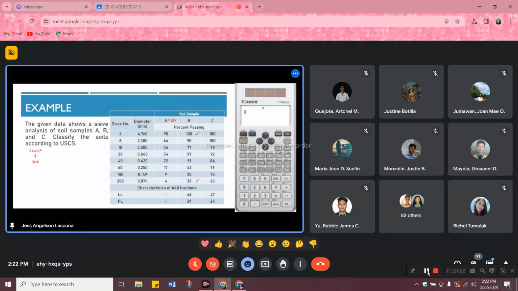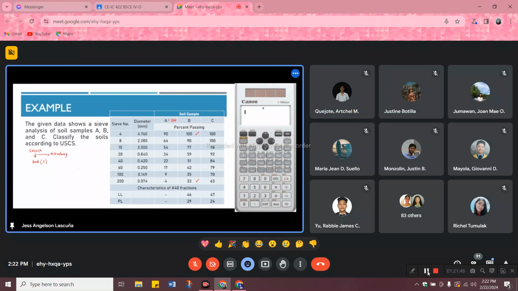Then we go back to the number 200 to determine which requirement to use, the Atterberg or the gradation. Since the number 200 is greater than 12, we will use the Atterberg requirements.